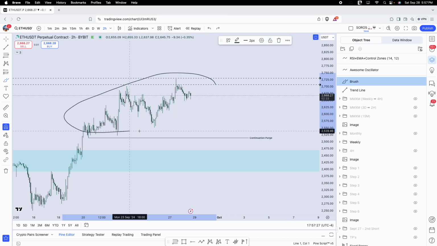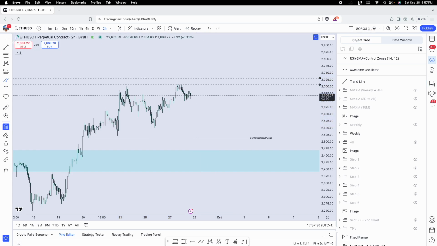So this is the fractal we're looking at, and that's our dealing range, basically all this. All right, so let's look at it.